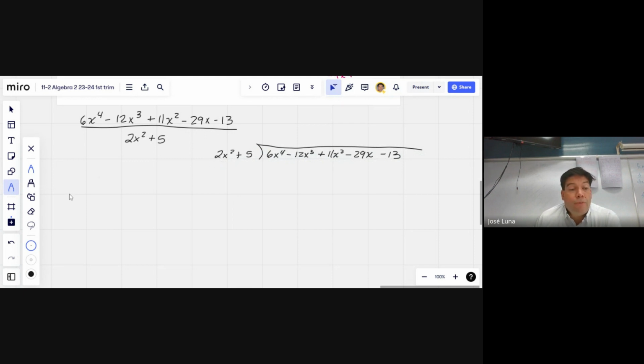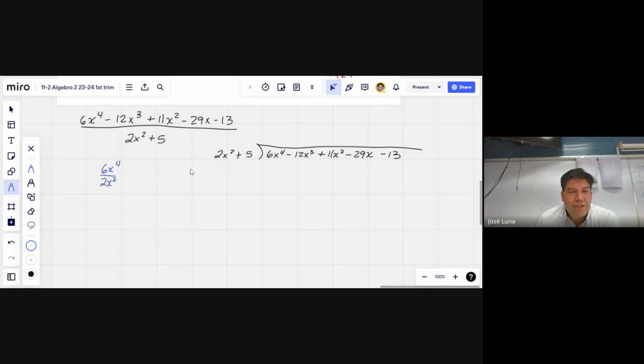All right, so we proceed to the division. We look at the leading term, 6x to the 4, and the leading term in the divisor. I was being asked, how do we find that first one? So this is how you find it.